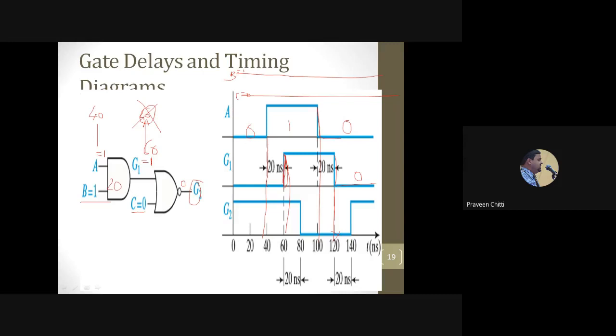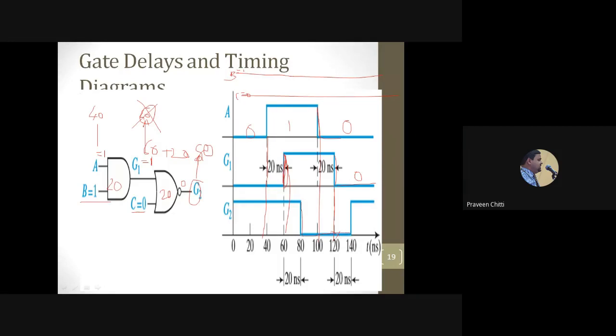But at 60, G2 will not become 0. When will G2 become 0? You have to add another delay of 20, because this gate is also having a delay of 20. So at 80 nanosecond, G2 will become 0. And then from 80 to 140, it remains 0.